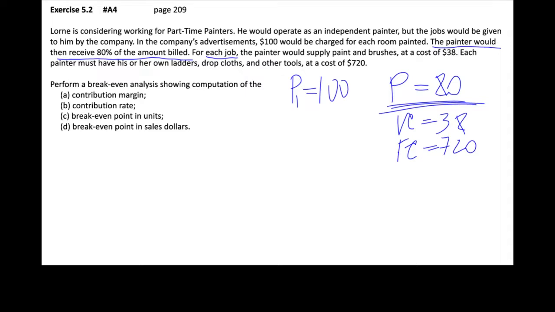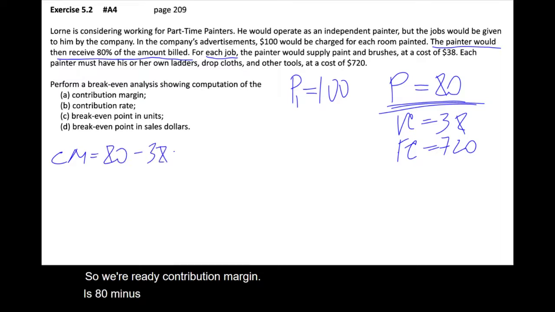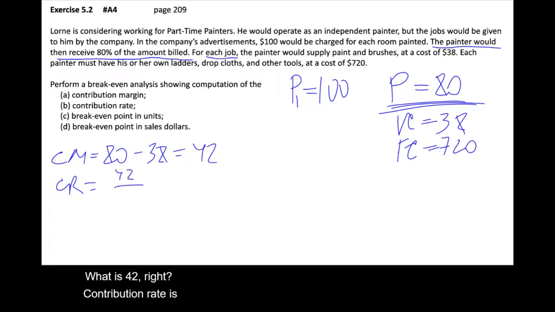Okay, so we're ready. Contribution margin is 80 minus 38. What is it? 42, right? Contribution rate is 42 over 80.